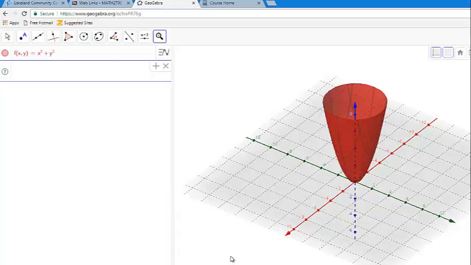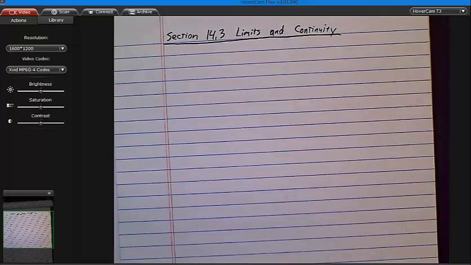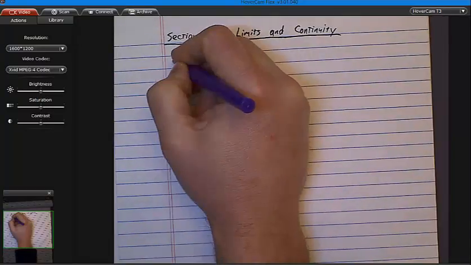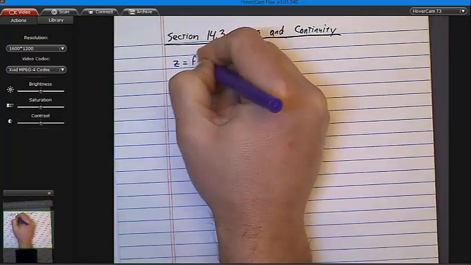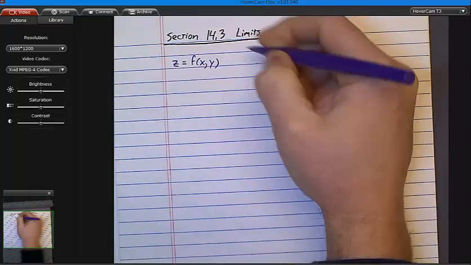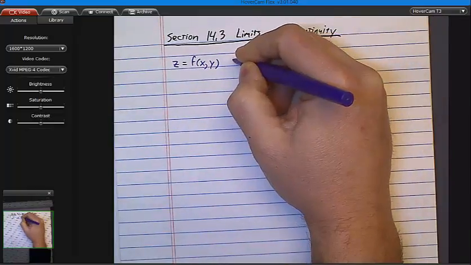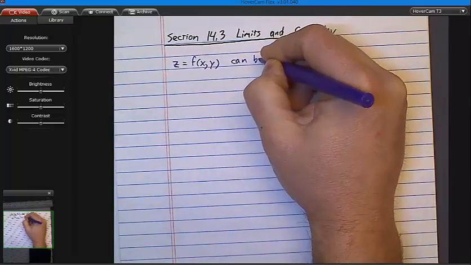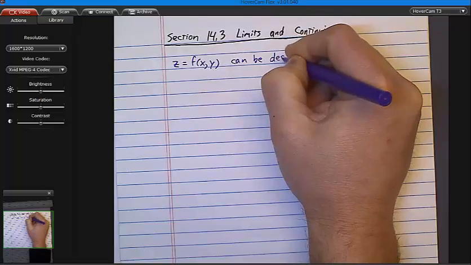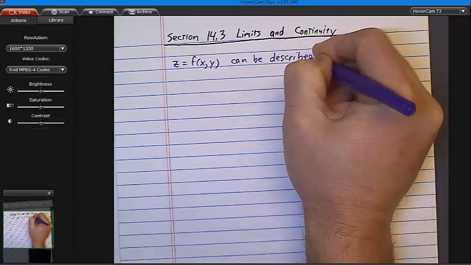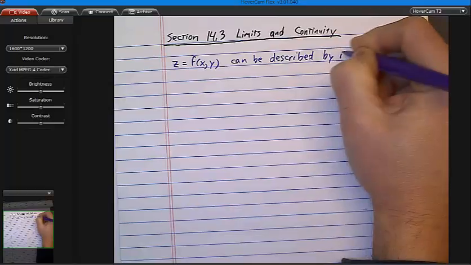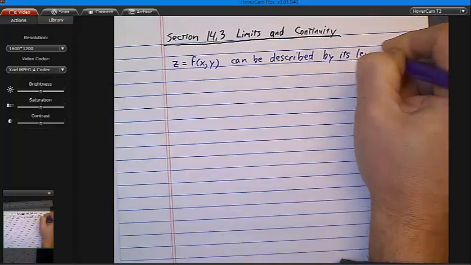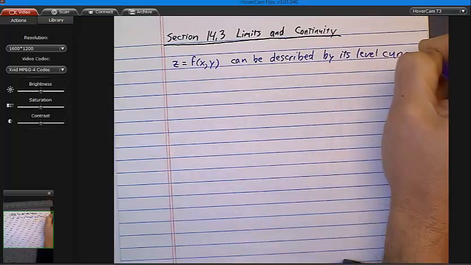When I have a function of more than one input, in particular if you have z as a function f of x, y, it can be described by its level curves. Let me say exactly what I mean by that.